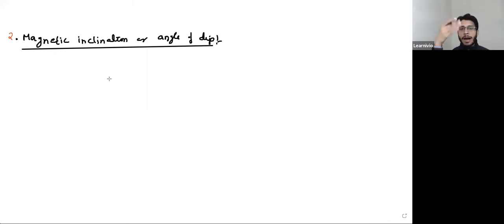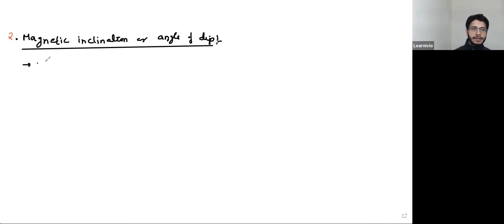It exists in the magnetic meridian. The magnet is rotating due to the magnetic field of Earth, so it should rotate in the magnetic meridian, not in the geographic meridian. So this magnetic inclination comes from the rotation of the magnet in the magnetic meridian.